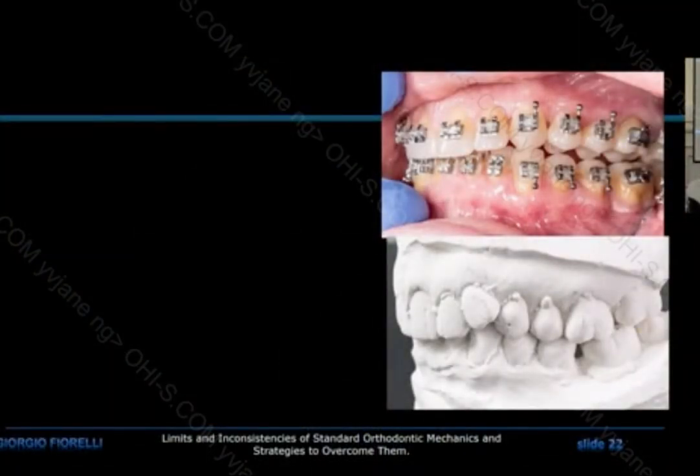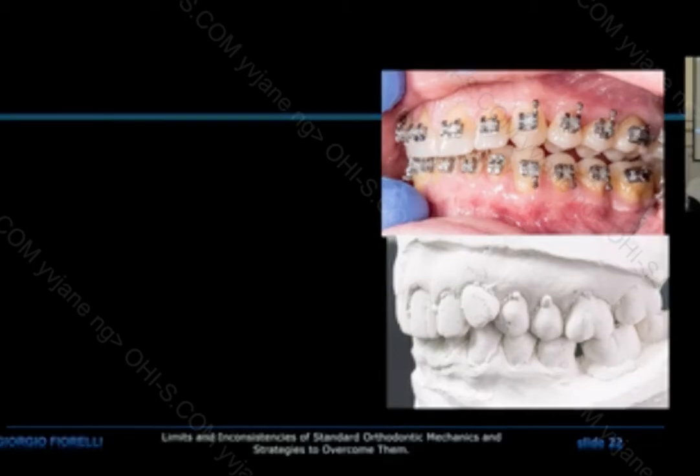As I said, we have no space for this canine. So you might decide, I'm not saying that this is the right treatment plan, but just to make things easy and to discuss this case, which is not mine, in a few seconds. I mean, this occlusion here is perfect. So keep this, extract this tooth, and move this tooth in this area.